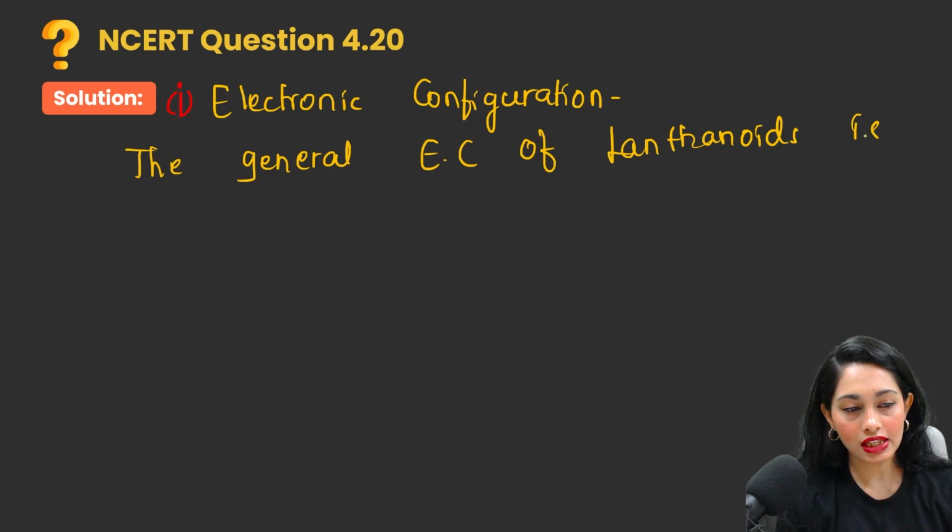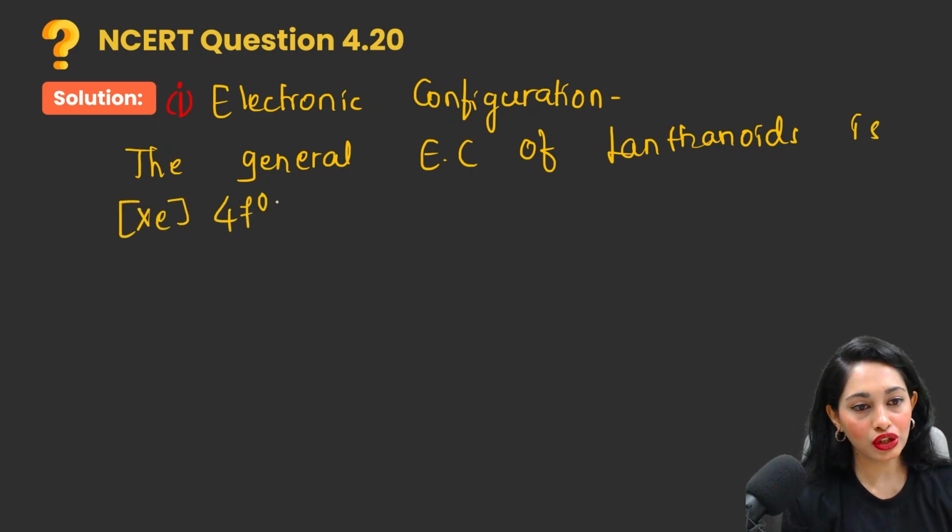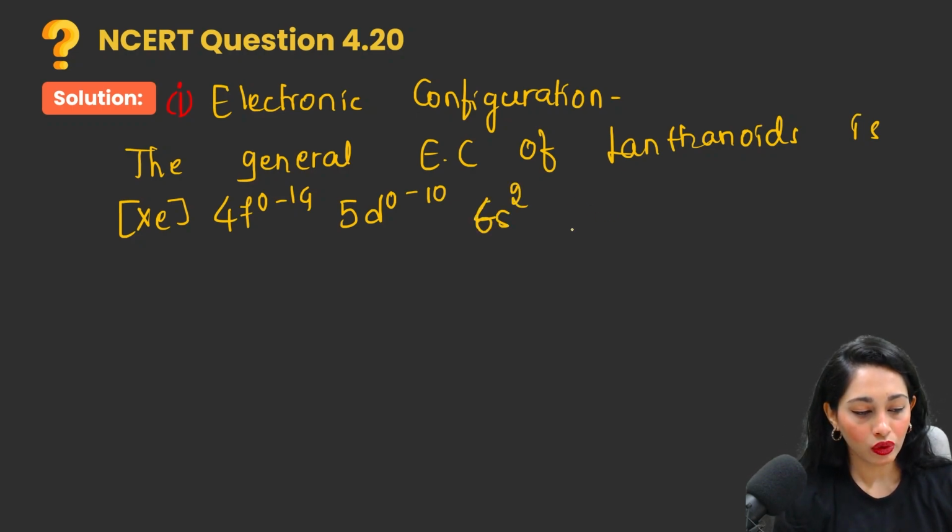lanthanides is xenon followed by 4f 0 to 14, 5d 0 to 10, and 6s2.